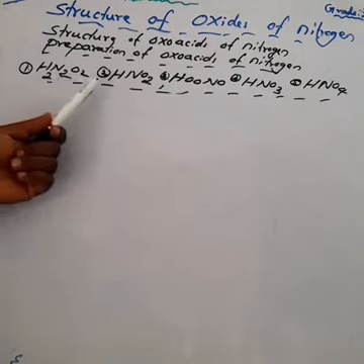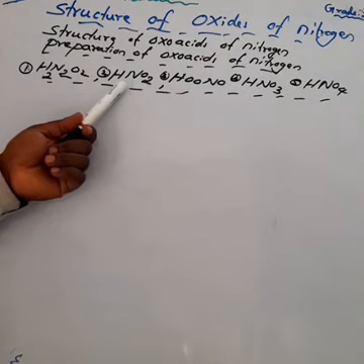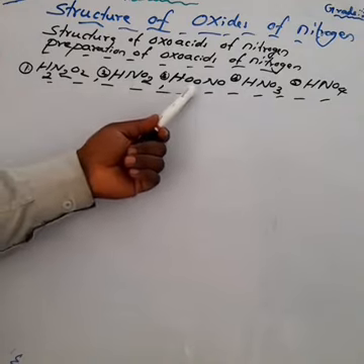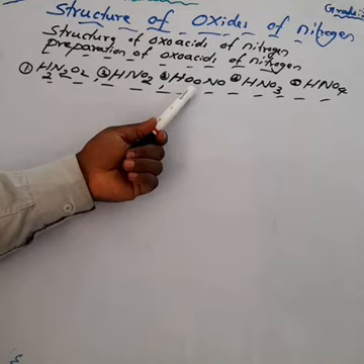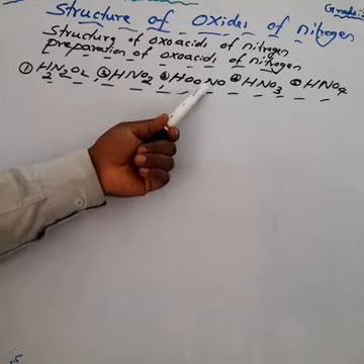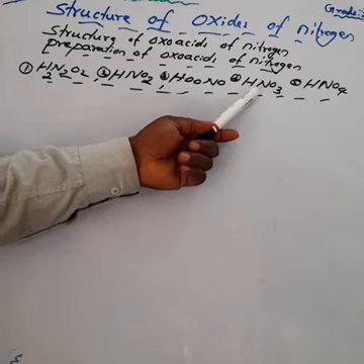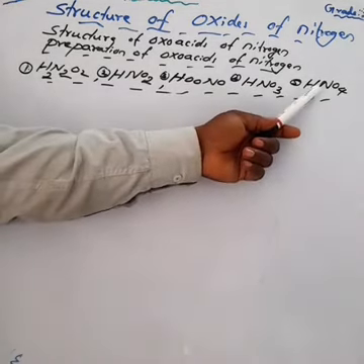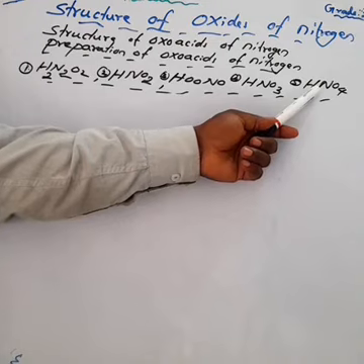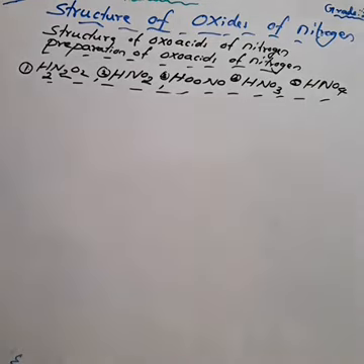H2N2O2. What is the formula of nitrous acid? HNO2. What is the formula of pernitrous acid? HOONO. What is the formula of nitric acid? HNO3. What is the formula of pernitric acid? HNO4.